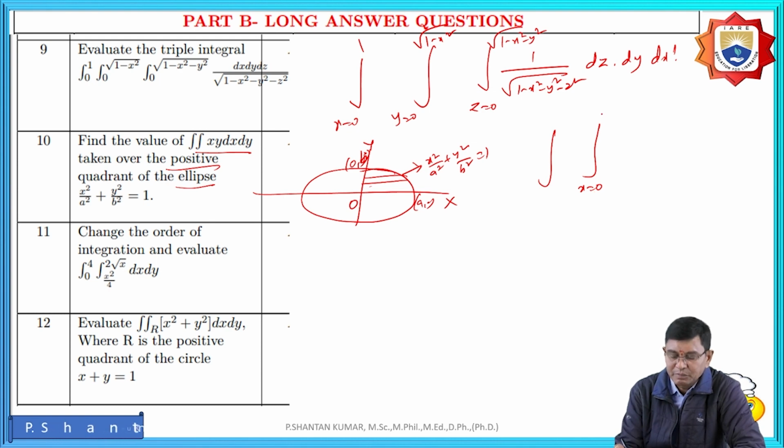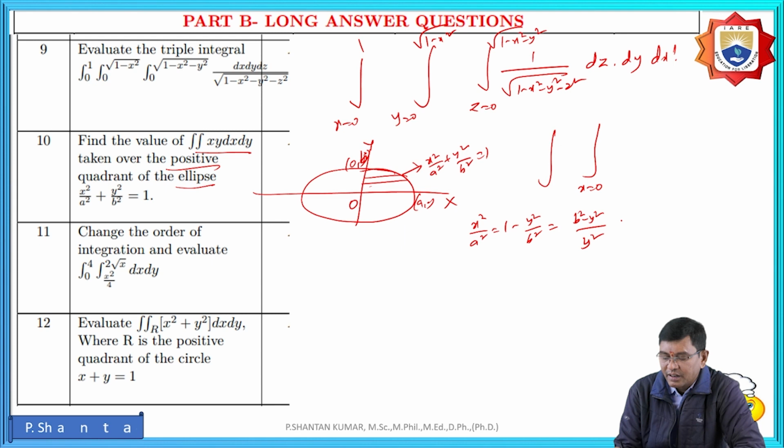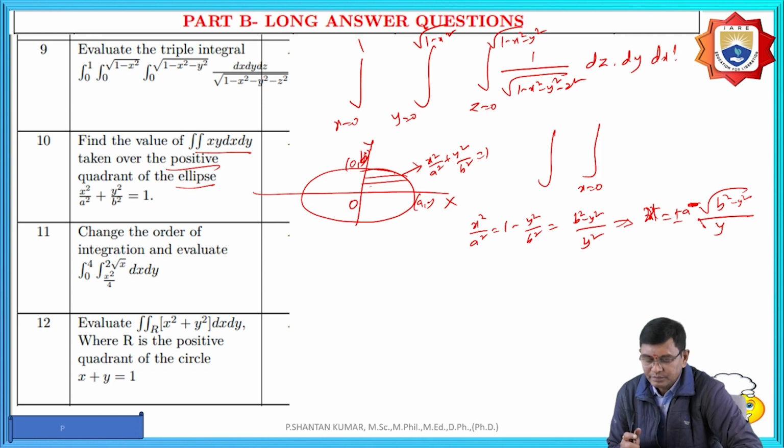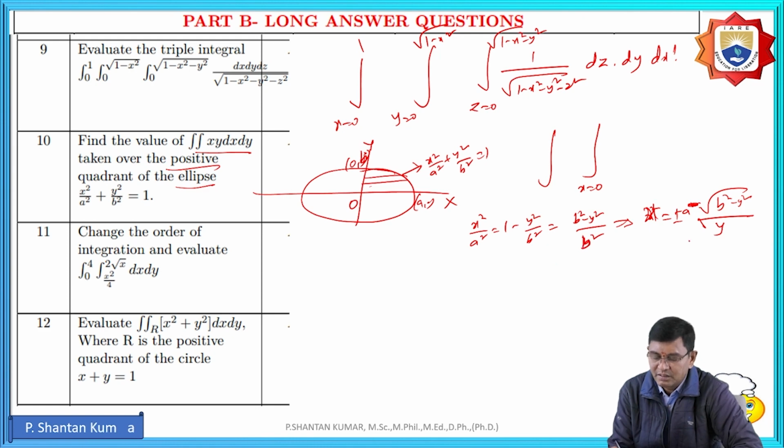Upper limit is positive, based upon this, 1 minus x square by a square is equal to 1 minus y square by b square. It is b square minus y square by b square. And again from here x square is equal to a square, that x is equal to plus or minus a into the root of b square minus y square by b square, that means plus or minus a by b.